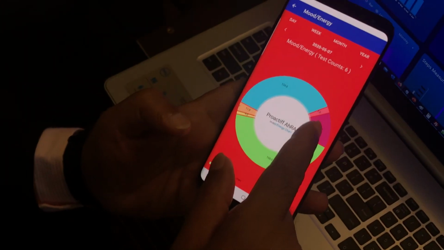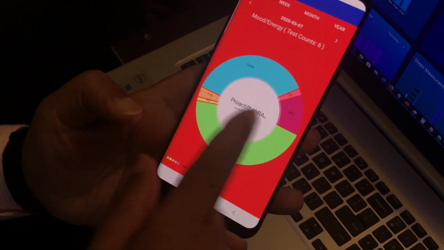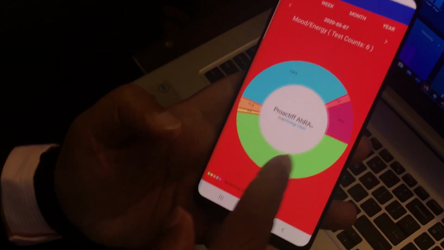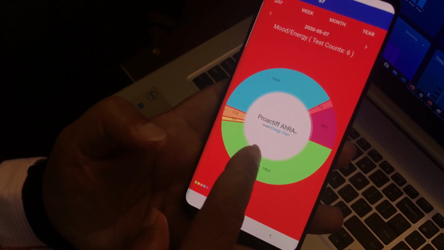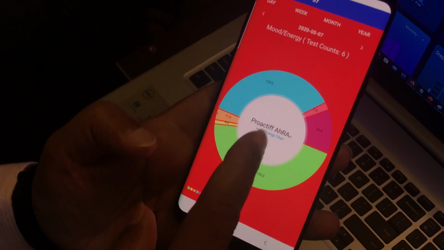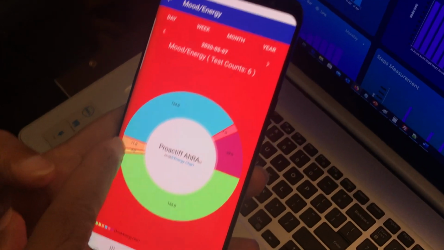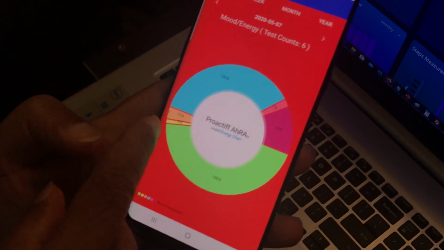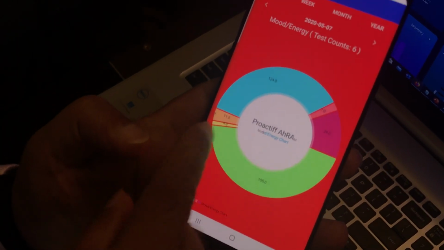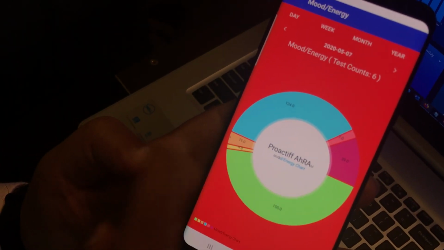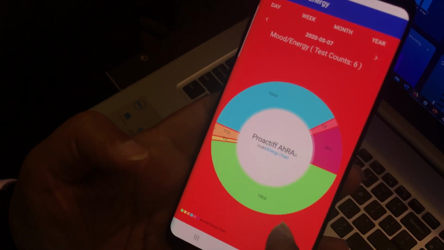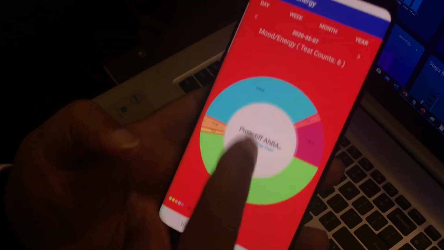You're going to see anxiety, depression, stress, and in terms of energy, you can see it as normal, then tired or very tired, or in some cases fatigue. As you can see here, there's a small sector that shows that you are very tired and then fatigued as well.